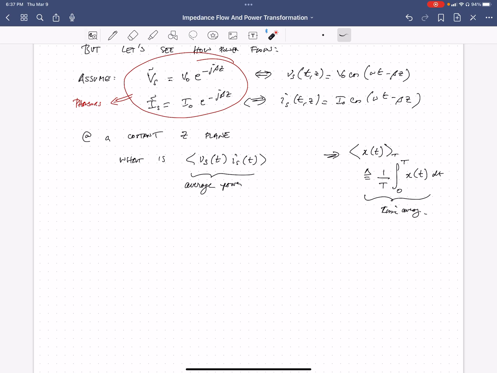So the bracket of Vs times Is is power, and this bracket means a time average of power at a particular point. The question is what is that? The easy place to look is at the load, so at z equal to 0.